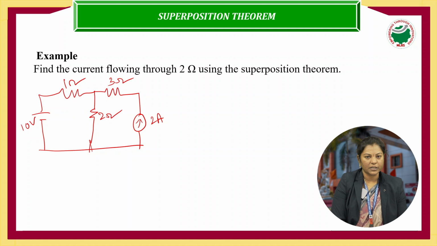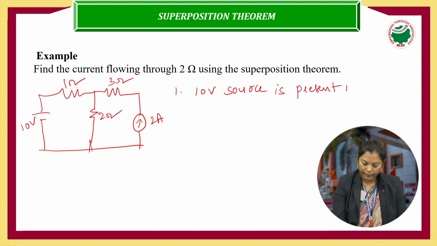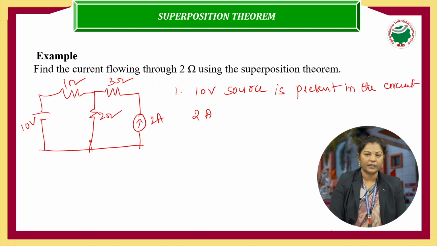First I need to consider only one source acting in the circuit. So in the first step I am considering the 10 volt source present in the circuit. The 2 ampere source, which is the current source, does not have any internal resistance, so it is open circuited.